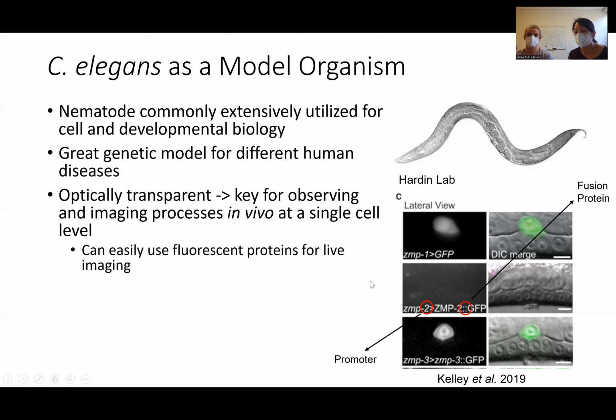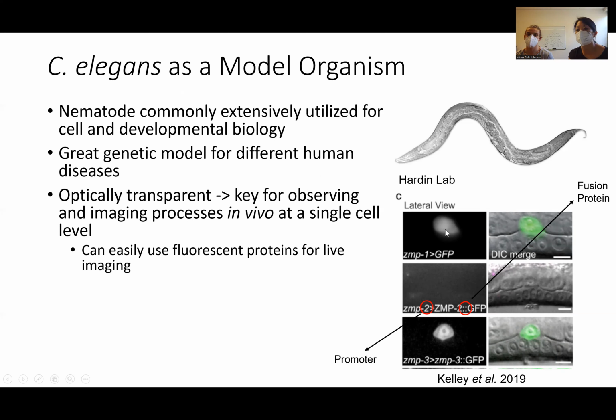So this greater than sign means that it's a promoter. That means any cell that has the ZMP1 promoter active will make this cytoplasmic fill of GFP. This is great if this promoter is specific to a cell type of interest. In this case, it just happens to be specific to anchor cells. And so you can use it to tag and mark anchor cells in the animal.